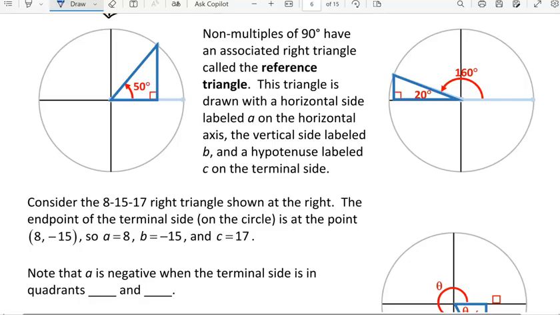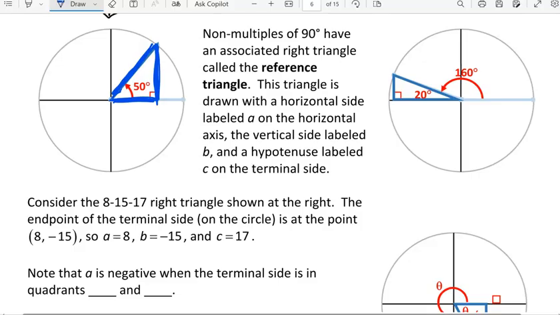So for that 50-degree angle, the reference triangle is formed by taking that terminal side and making that the hypotenuse, and then dropping from there, from the endpoint of the terminal side, down to the x-axis, and the adjacent side, or the horizontal side, will be on the x-axis.